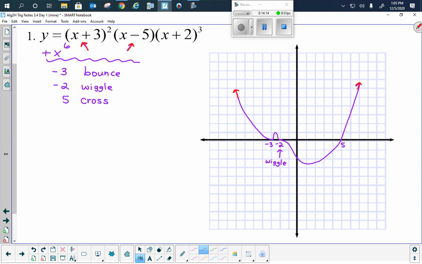When I first look at my values of -3, -2, and 5, I noticed the wiggle at -2, and I just put myself a little dash, meaning it's got to flatten out. And at -3 and 5, I just put a dot. And then I did the best I could with what I know about a bounce, wiggle, and cross to make it look like a nice, smooth curve. And that's what changes your curvature.